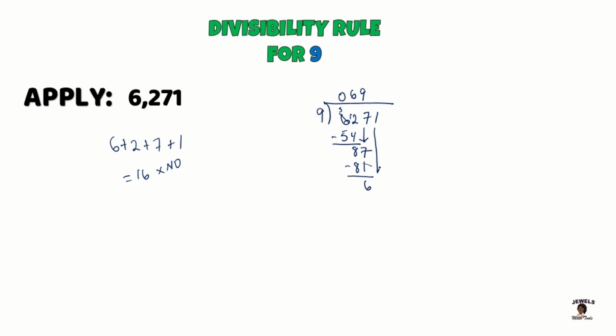We're going to bring down our 1, changing 6 into 61. 9 goes into 61 6 times. 6 times 9 is 54. And when 61 minus 54, we're going to get a difference of 7. Okay, so in this case, it's going to be a no to our divisibility rule, meaning that 9 is not able to divide into 6,271 without a remainder.